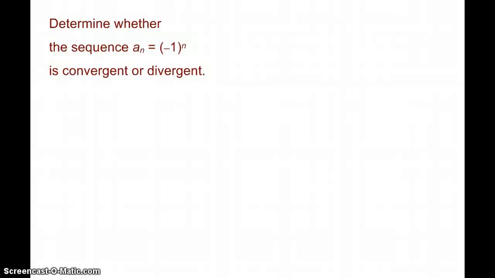So let's look at our next example. Determine whether the sequence a sub n equals -1 to the n is convergent or divergent. So we'll pop that inside of the limit, -1 to the n, and I would get -1 quantity to the huge.